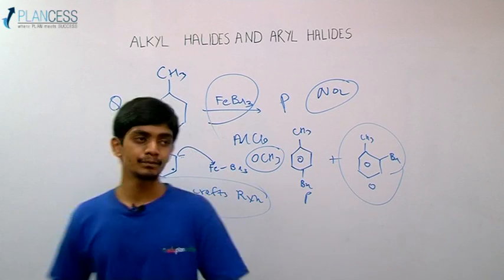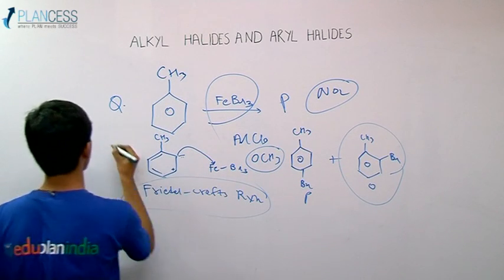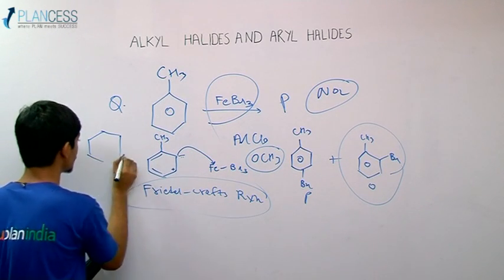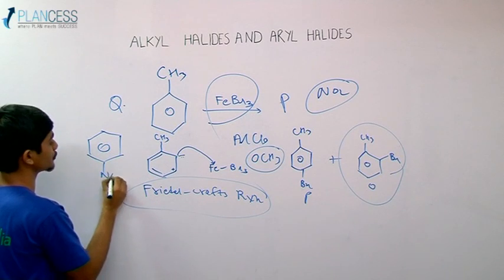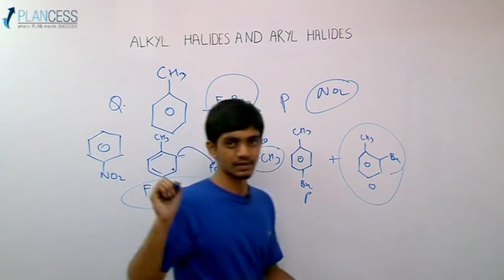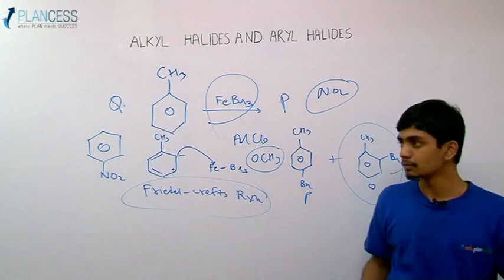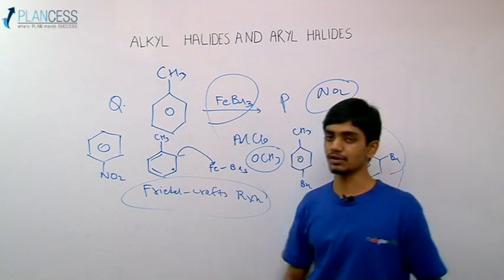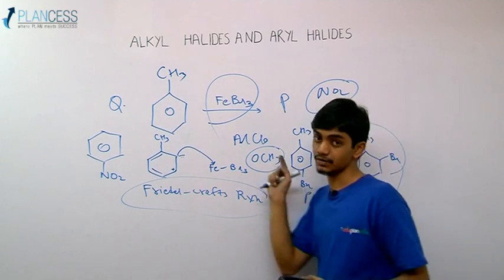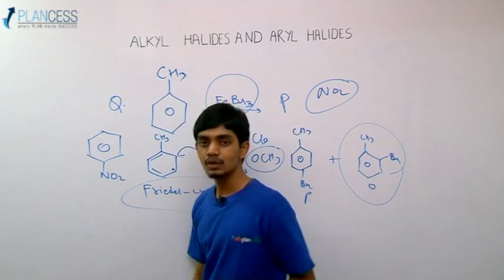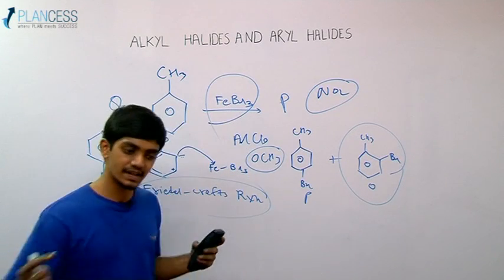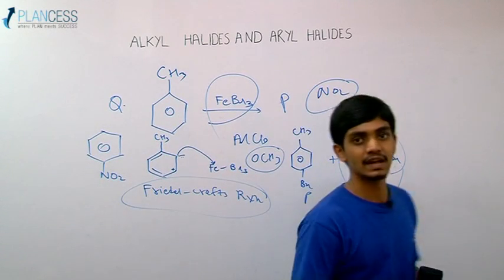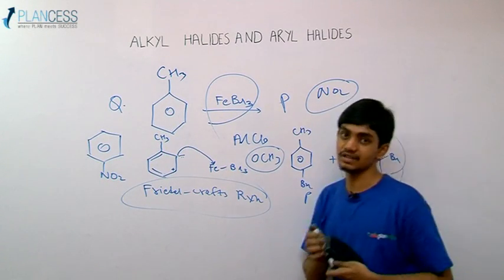But what happens if you put NO2 on a benzene ring? It is observed that we know that the reactivity would decrease because the Friedel-Crafts reaction requires an activating group so that it can supply the electron density to the benzene ring because of the formation of the positive charge, while NO2 deactivates the benzene ring, that is, it takes away the electron density from the benzene ring, and hence this will slow down the reaction.